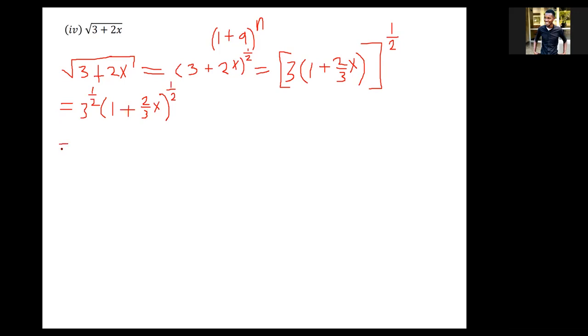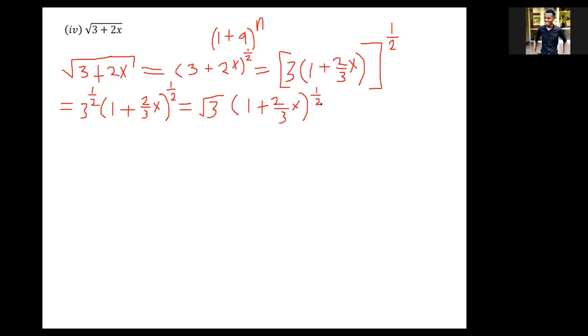Then you keep on simplifying this. So this can also be written as this 3 to the power half is just the same as the root of 3, and then open brackets 1 plus 2 over 3x, and everything to the power half.